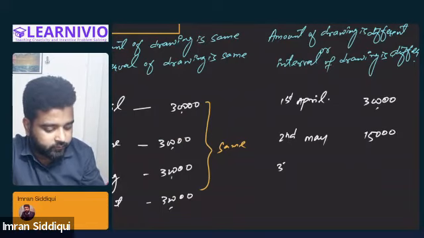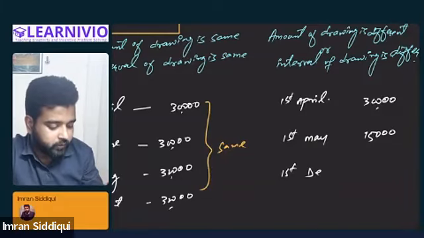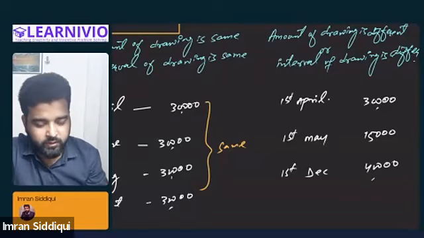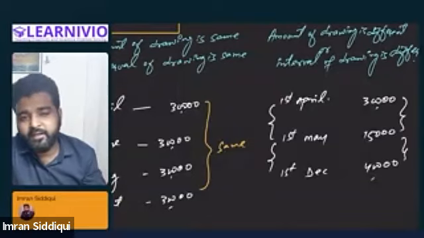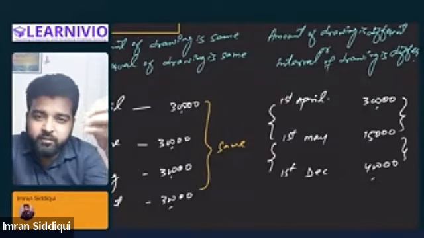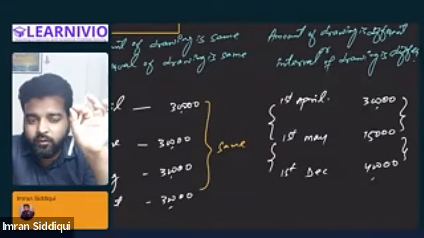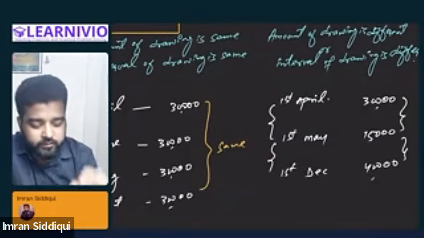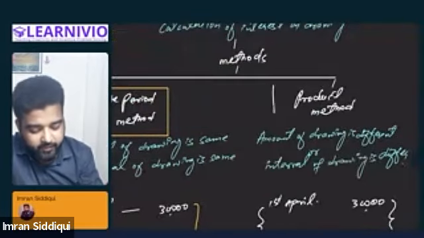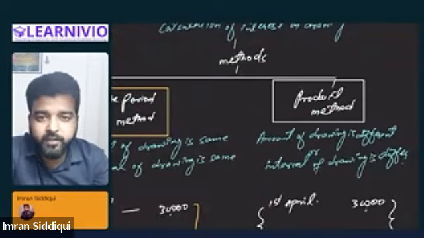Then the third drawing was made on 1st of December, and the amount this time is 40,000. Now here you can see neither the interval between the drawings is the same nor the amount of drawing is the same. Every time the amount is different and the interval is also different. So when the interval as well as the amount of drawing is different, we'll be applying the product method.